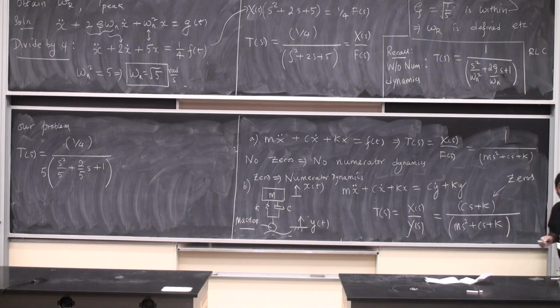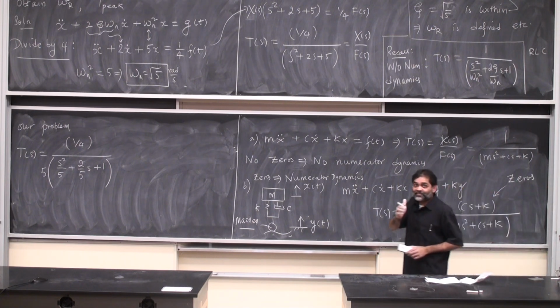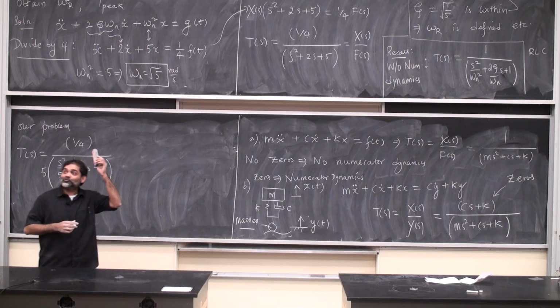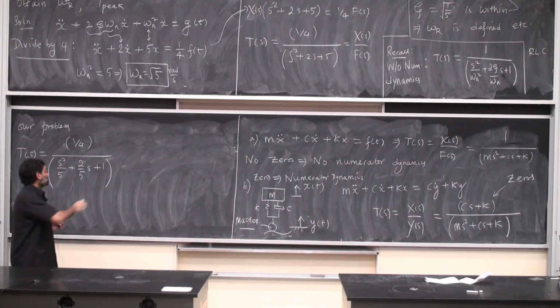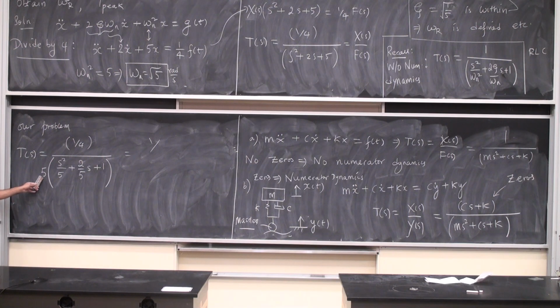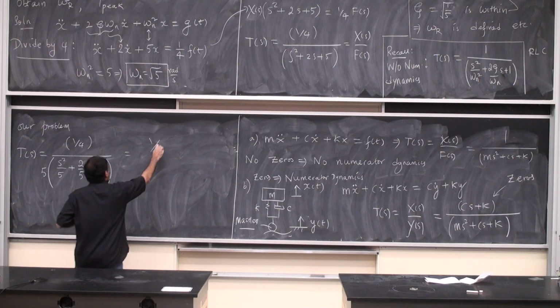Alright, what's that 5th creature there? 5 is omega n square. Because you see up there on the board, omega n is root of 5. So I'm going to take this creature of 5, it has no business in the denominator, put it in the numerator, so this is 1 by 20.